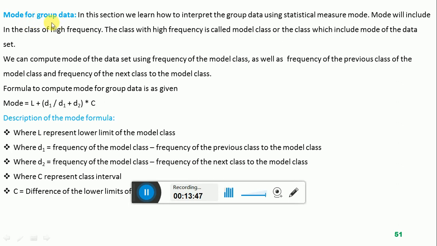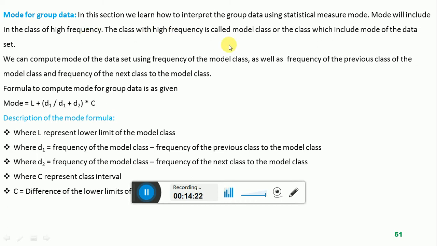Now we are switching toward the mode for group data. How can a statistician interpret a particular given group data set using the descriptive statistical tool mode? In this section we will learn how to interpret group data using the statistical measure mode. Mode will be included in the class of high frequency, meaning the data is given in classes, so the mode will be in the particular class of the given data set whose frequency is high.